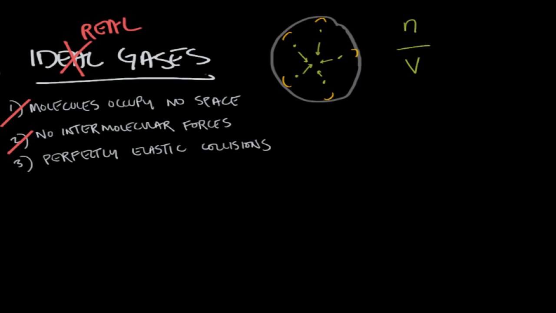N divided by V would be alright if all of these particles were being attracted to one particle, but they're all being attracted to each other as well. That means the force increases exponentially as particle concentration increases, and so we need to make it N divided by V squared.